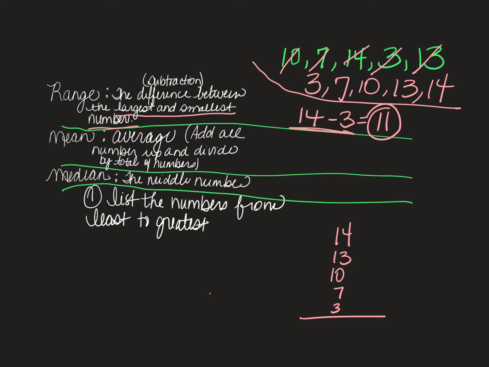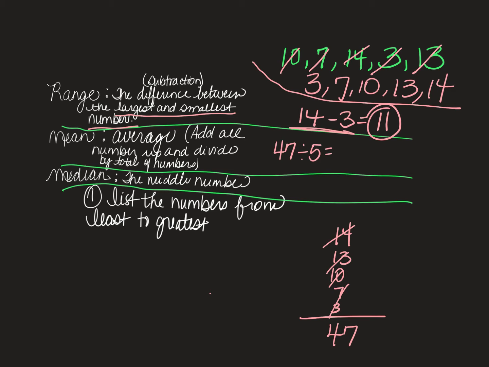I already know 7 plus 3 is 10, plus 10 more is 20, plus 13 more is 33, plus 14 more is 47. How many numbers do I have? 5. So now I'm going to divide 47 by 5.